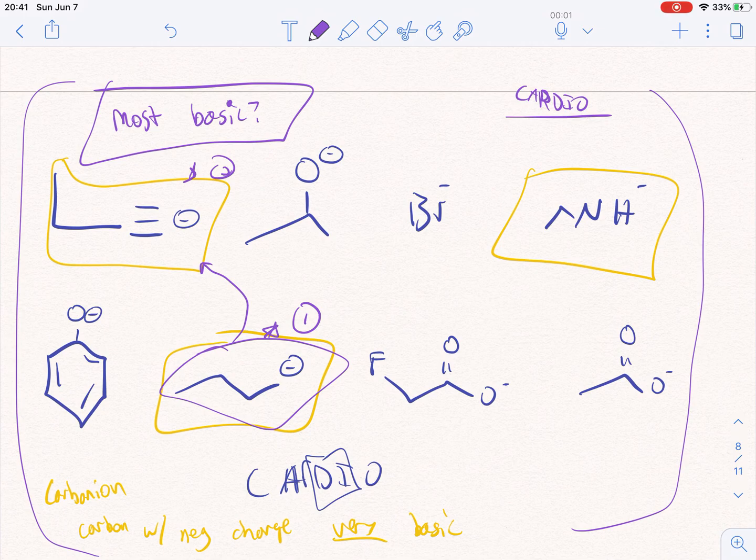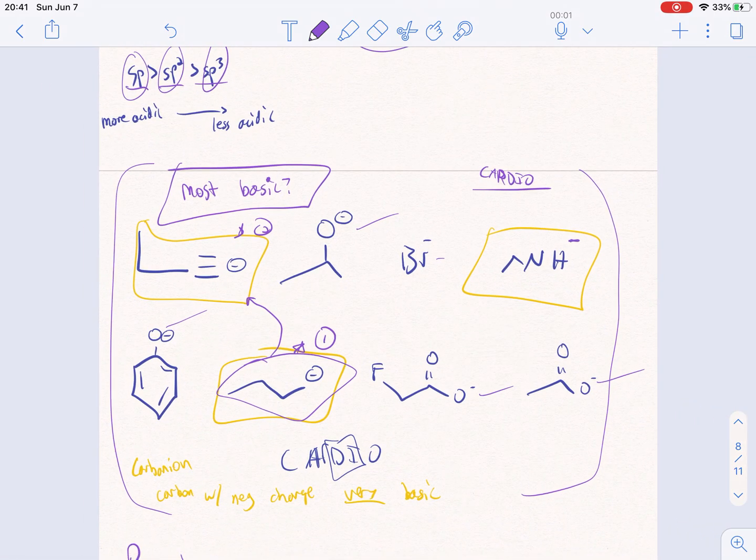I said nitrogen is one of the most basic because when you look at oxygen, nitrogen is, hold on. Okay. Nitrogen is going to pull off a hydrogen way easier than any of these.